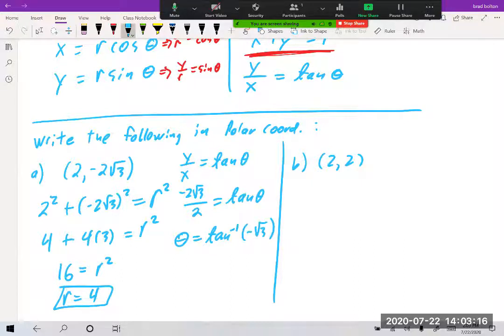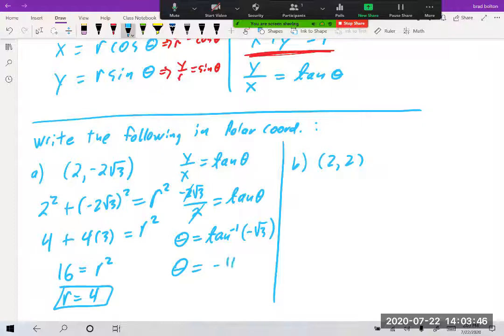We have to think of tan of what angle would give us negative root 3. We know that 60 degrees would give us positive root 3. And remember, arctangent only exists in quadrant 1 and quadrant 4, or from negative pi halves to pi halves. So what angle would match that? That would be negative pi thirds.